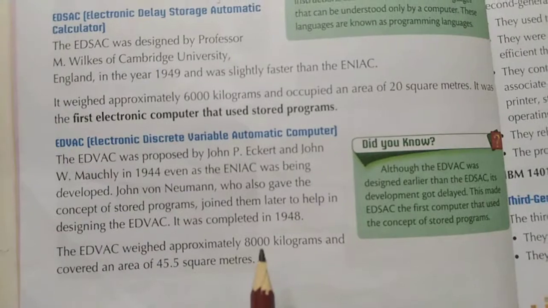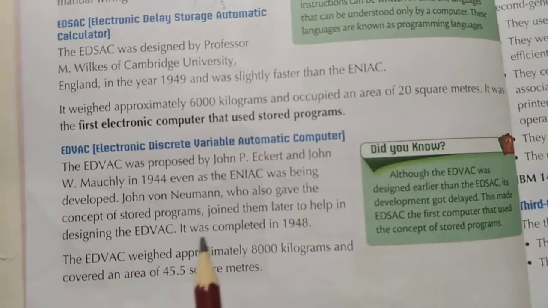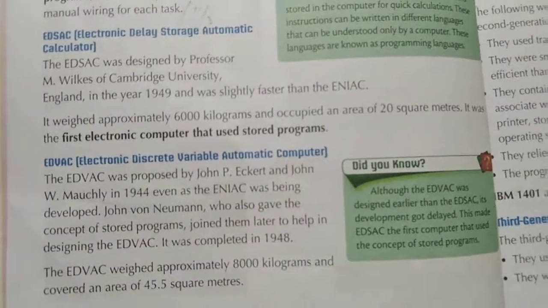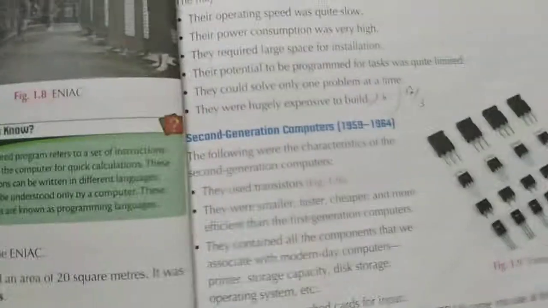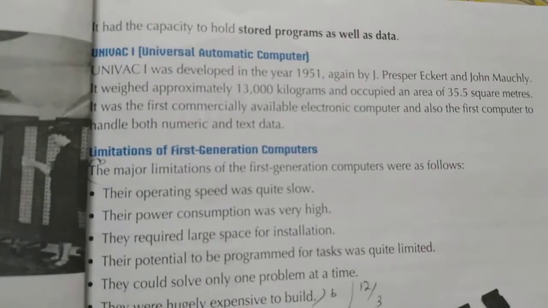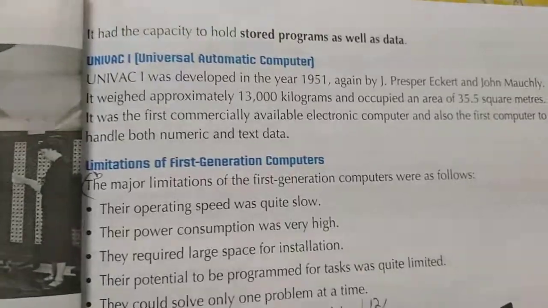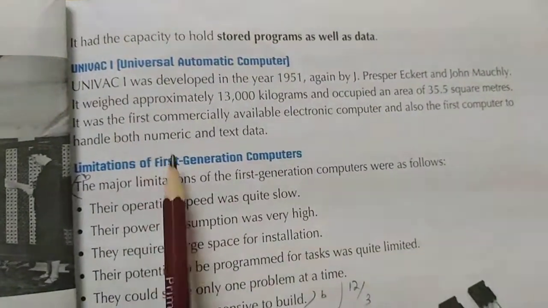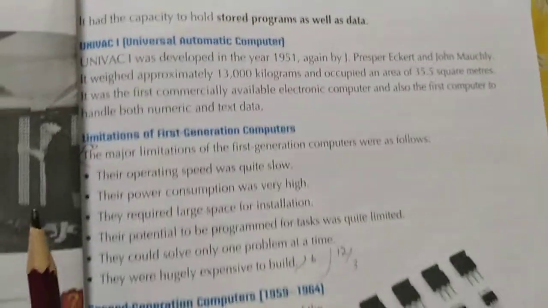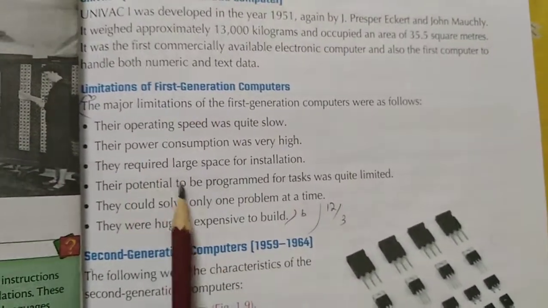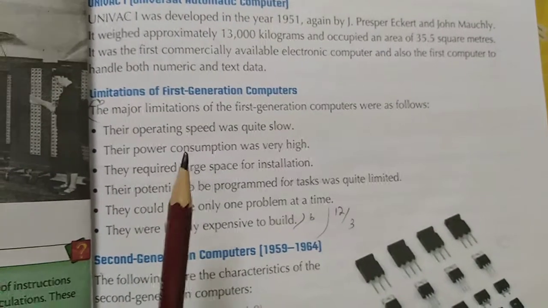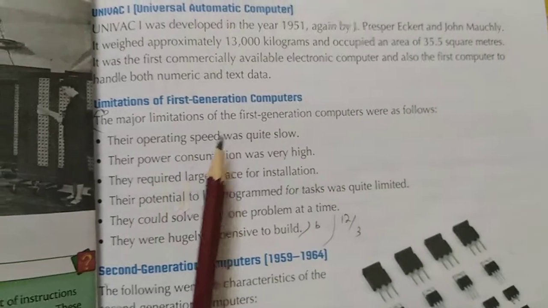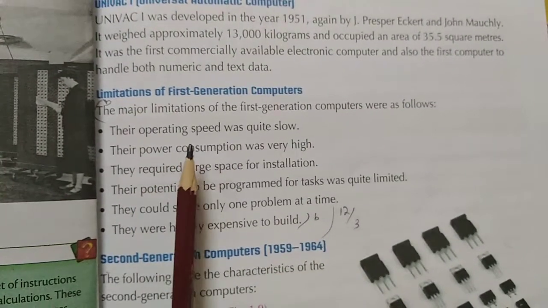Then comes the EDVAC. It is another computer in which you can store the programs as well as the data, because it has the capacity to hold them. It is lighter in weight and occupies less space than the others. Then comes UNIVAC. UNIVAC is the computer which can handle numeric data as well as text.